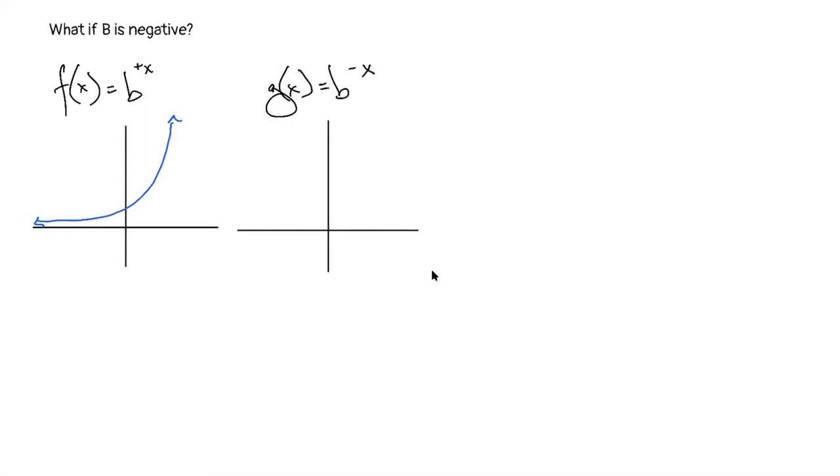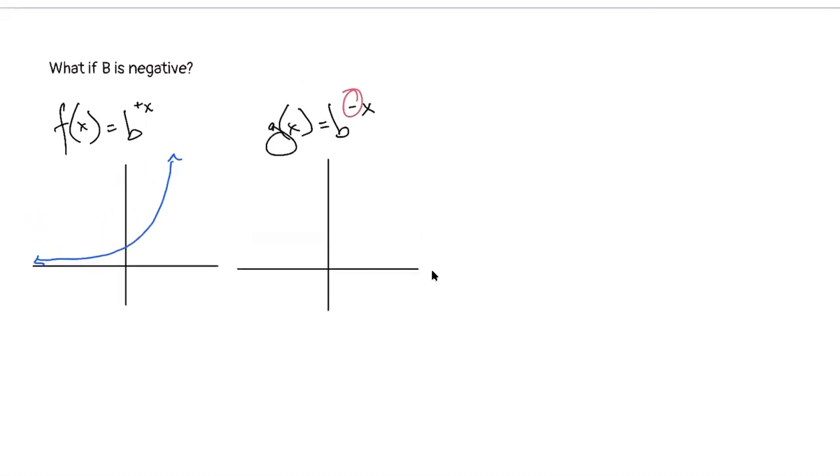This minus sign actually tells us that we're going to reflect over the y-axis, okay? Now, the reason why it tells us that is because we're saying for every x value that was positive, now you're going to make them negative, which means that they're on the other side of the y-axis. So instead of having a growth function, what we actually end up with is, well, sort of a decay function, because we've taken our original function and flipped it over the y-axis, okay?